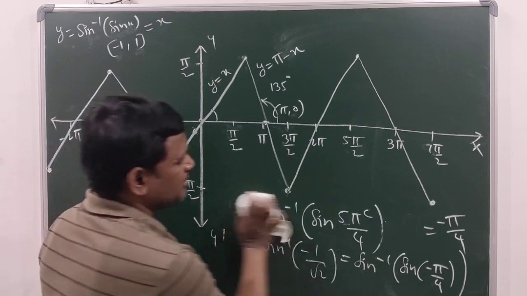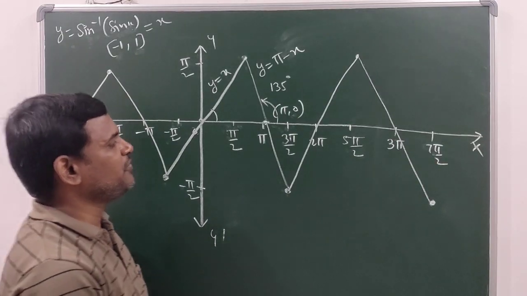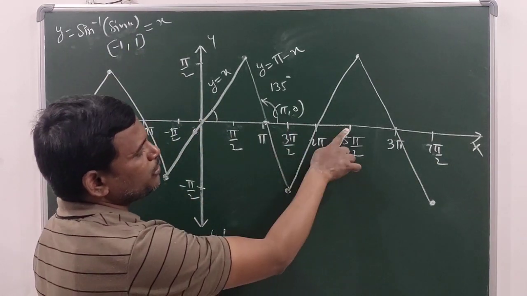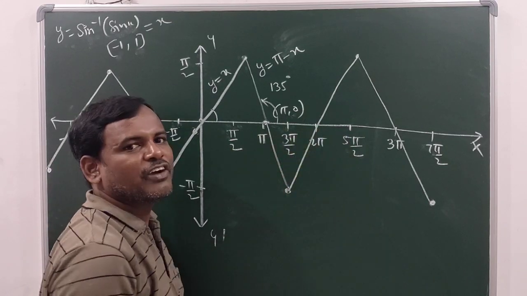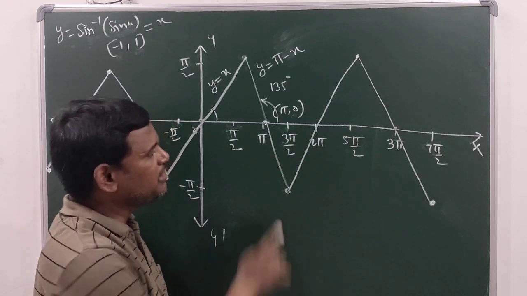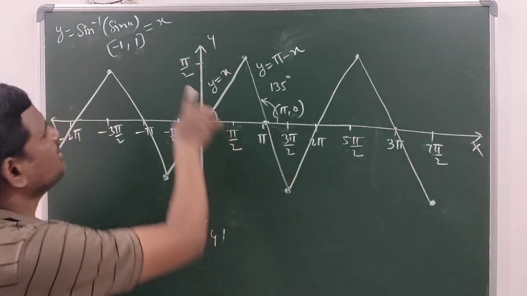Okay. Right. So next, suppose this x belongs to 3 pi radius by 2 to 5 pi radius by 2, which means 270 to 450 degrees. Okay, what is the value for y?